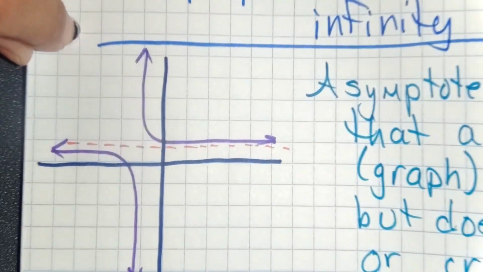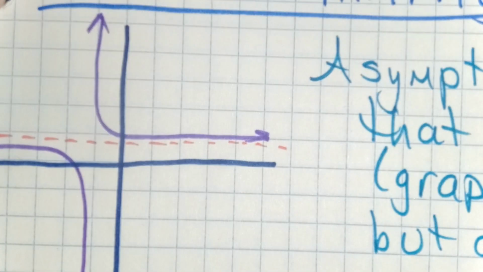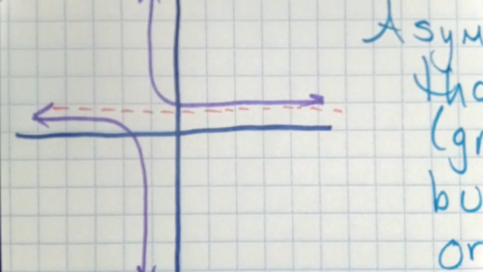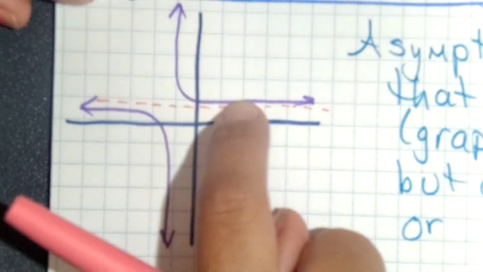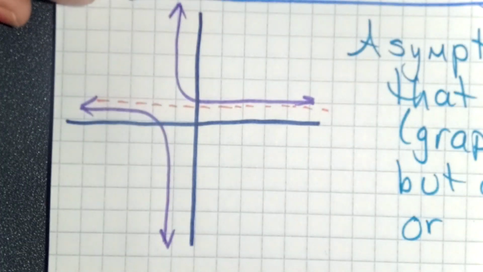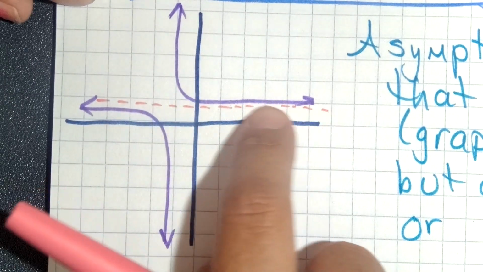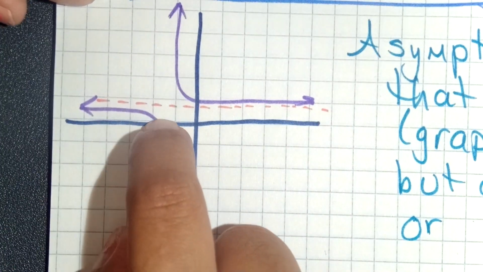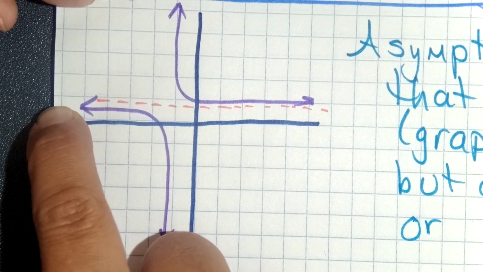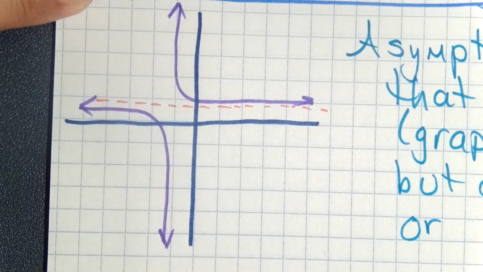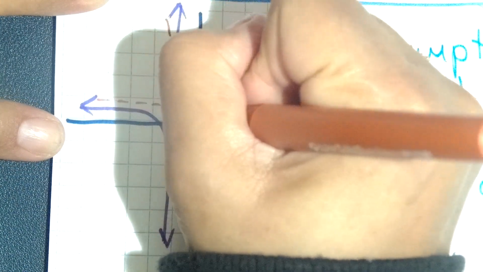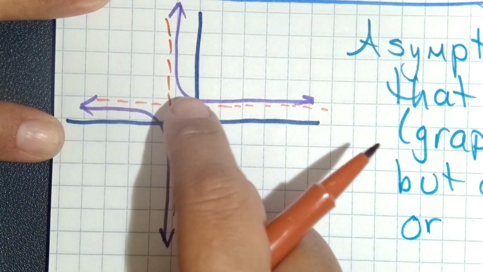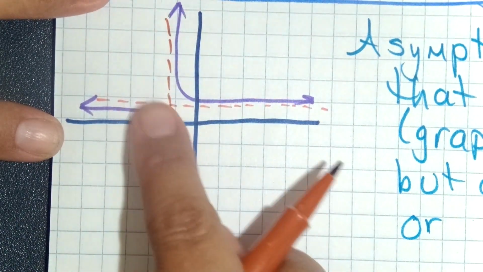Let me zoom in. So if you don't have the definition, I'll zoom out in a second. So your graph gets closer and closer and closer to this line, but never touches or crosses it. It also gets closer and closer to this line, but does not touch or cross it.